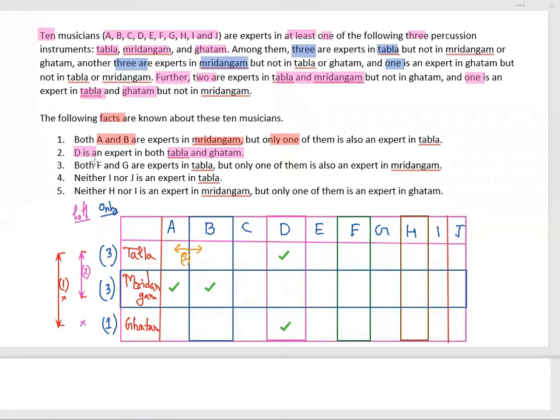Point number 3, both F and G are experts in tabla, but only one of them is also an expert in mridangam. So in case of F and G, both are experts in tabla.